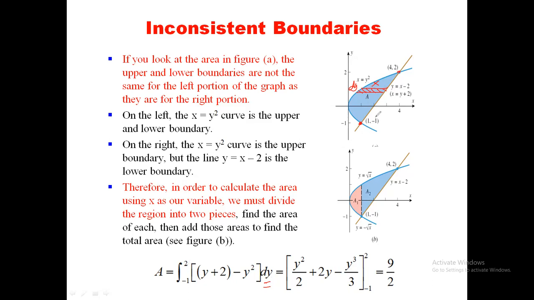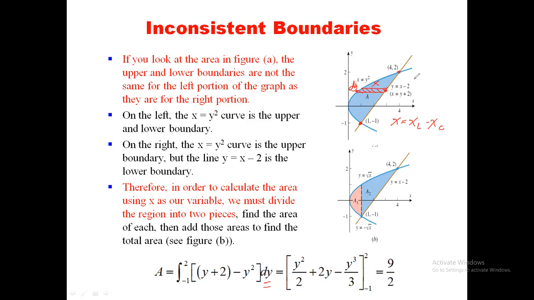Now, when you're considering the length of a horizontal differential element, it's the rightmost point minus the leftmost point. So in this case, your x will be the x of the line minus the x of the curve. Since it's the x of the line and the x of the curve, it will now have variables in terms of y. So this is the x of your line.